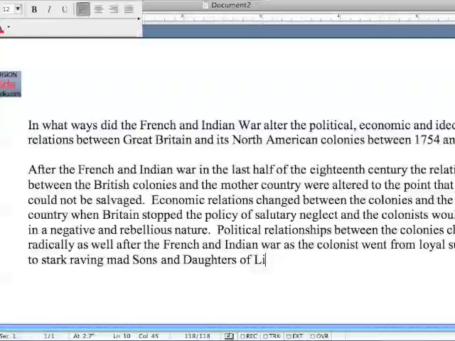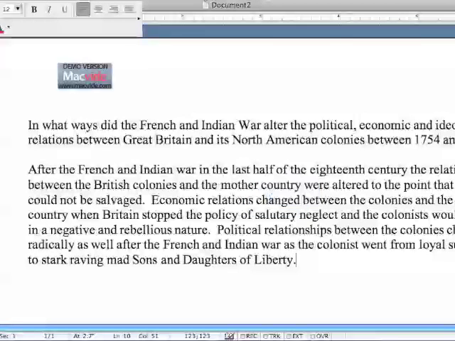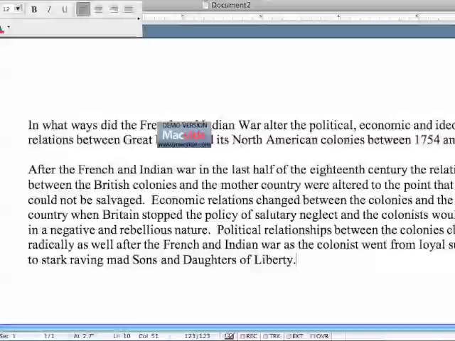Now, if you notice, I'm not using any listing of concrete details like they went from the Stamp Act to the Intolerable Acts to the First Continental Congress, because I want to give myself enough room that I can write about anything. So by saying they went from loyal subjects to stark, raving, mad sons and daughters of liberty, there's all kinds of things I can write about using that as a topic sentence.